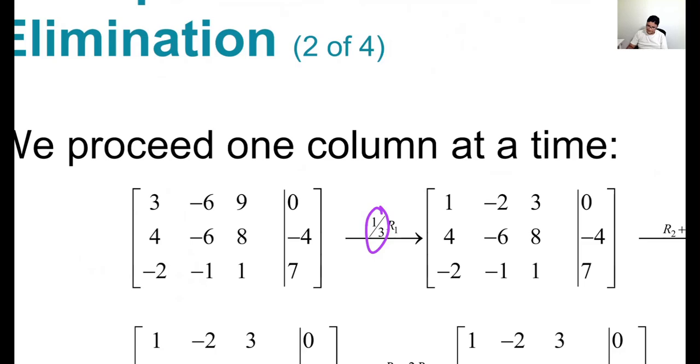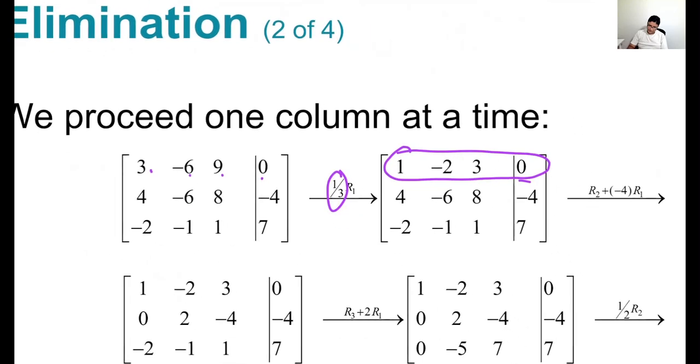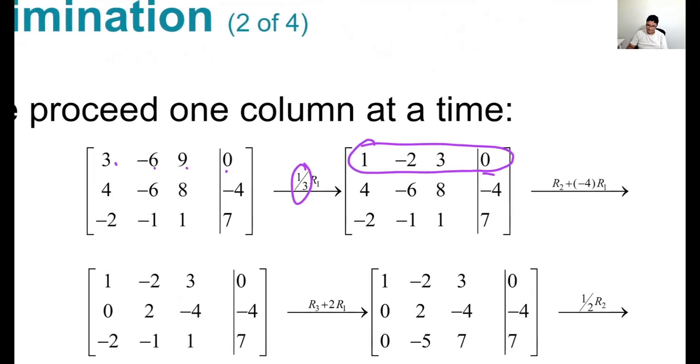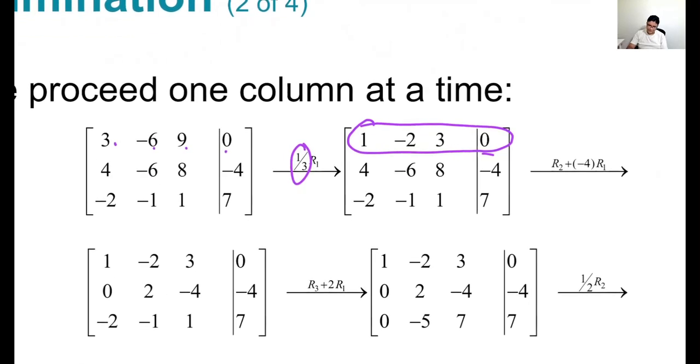This is 1/3. So the first row is divided by 1/3. 1, -2, 3, as you divide by 3, 0. And how does that help? This method has its advantage, because that element is now 1, let us focus on the first column, right?